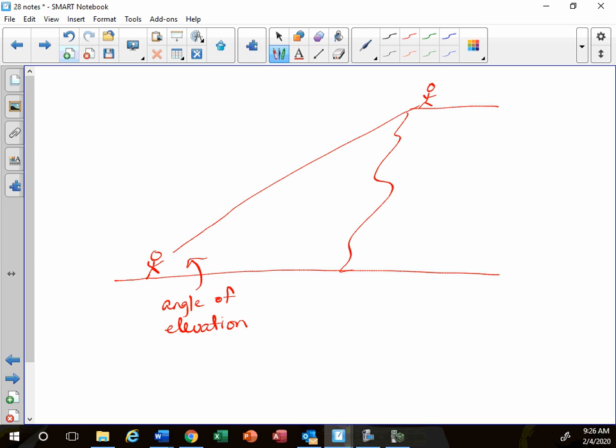So, angle of depression is not that other angle in the sort of triangle I have drawn here. I'm going to draw an extension there. This angle right here is the angle of depression.